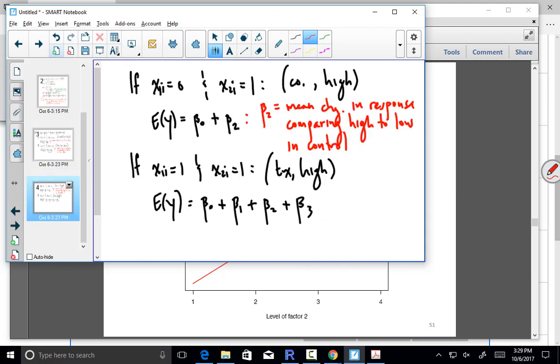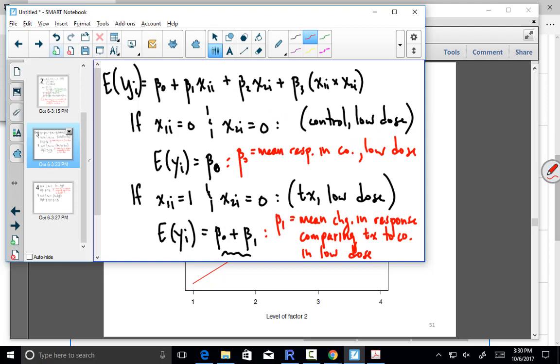Beta 2 is a mean change in response, comparing high to low dose in the control group. And then we have this last expression, beta 3.